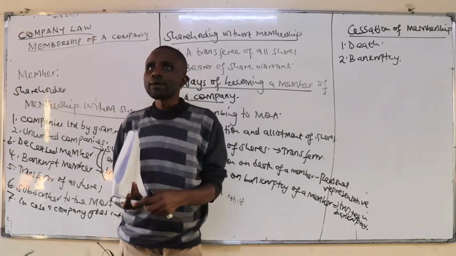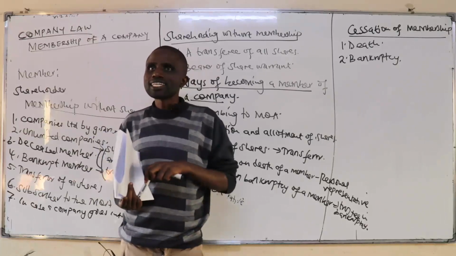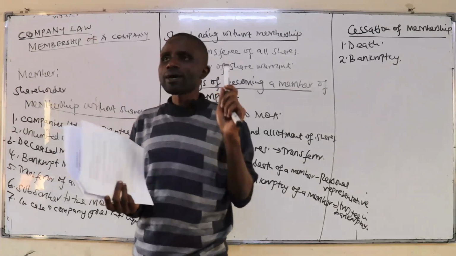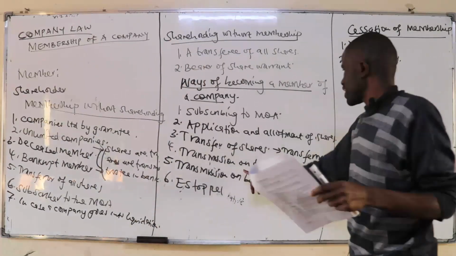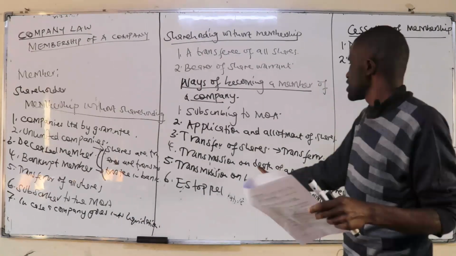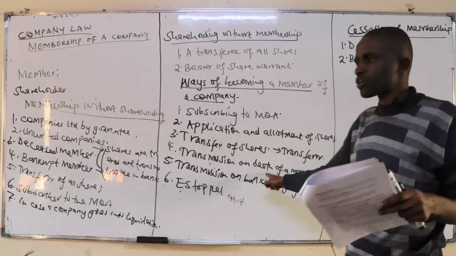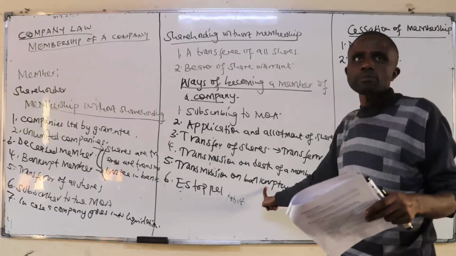Upon death of a member, who becomes the member? The shares are transmitted. We are using the word transmit. So when we talk about membership, the personal representative became a member, terminating the membership of the dead person. Upon the bankruptcy, the bankrupt member's membership was terminated.